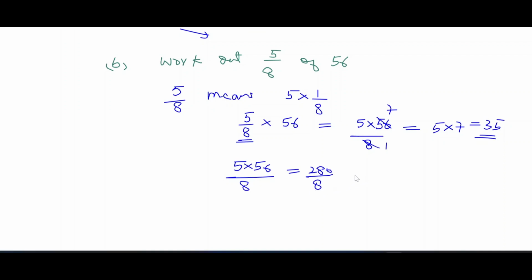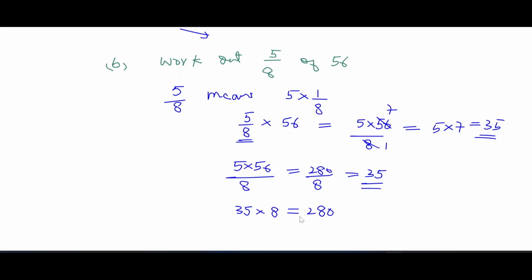The eighth part of 280 is 35. When you multiply 35 by 8, you will get back to 280.